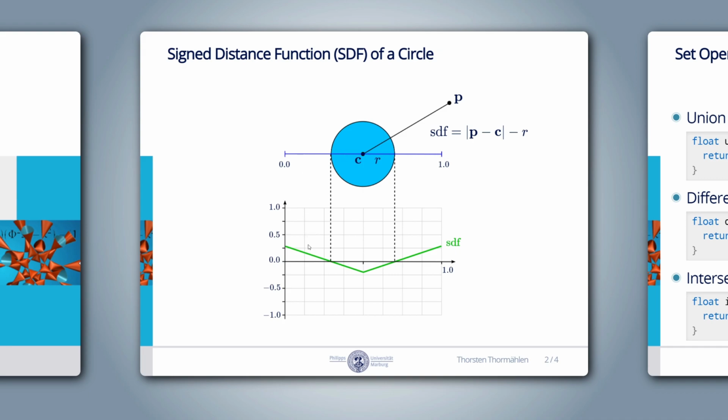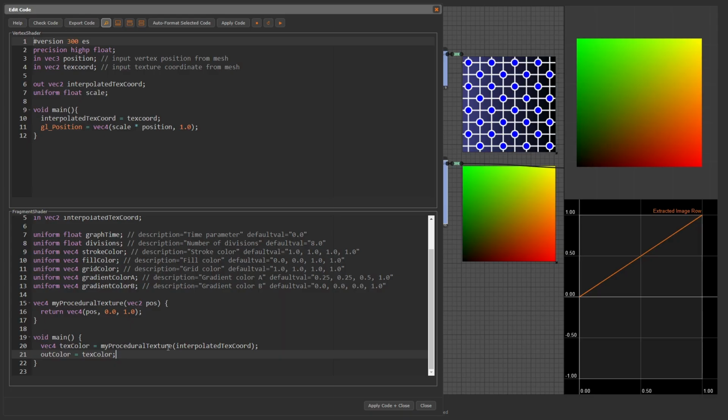Outside of the shape, the signed distance function is positive. At the border of the shape, it is exactly 0, and inside the shape, it is negative. To implement the SDF of a circle in GLSL, we type float circle(vec2 pos, vec2 center, float radius), return length of position minus center minus radius.